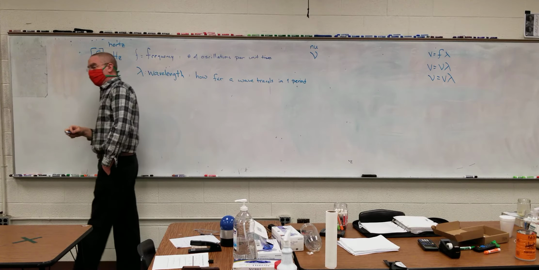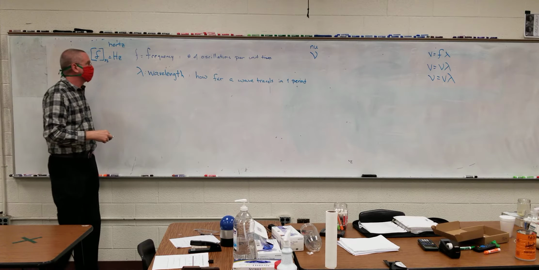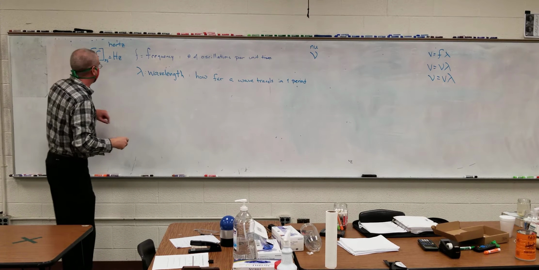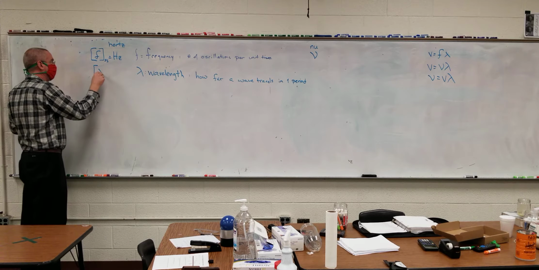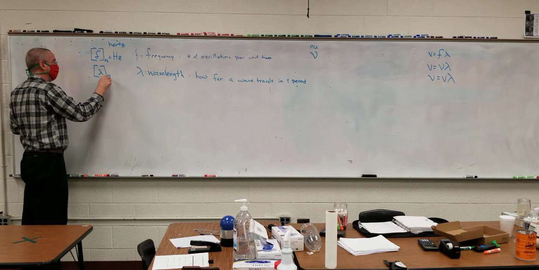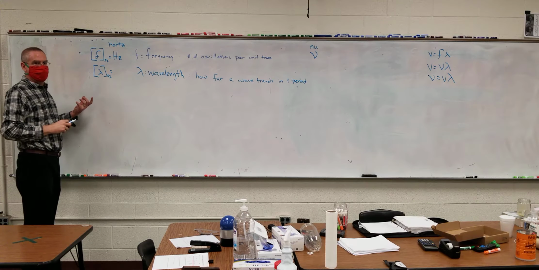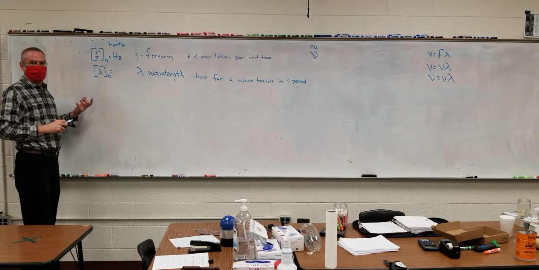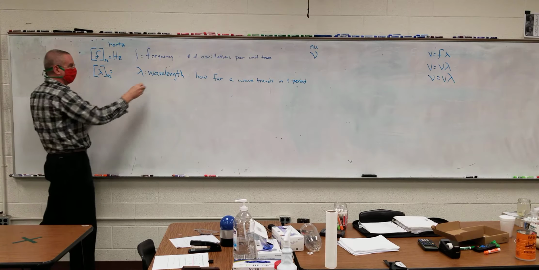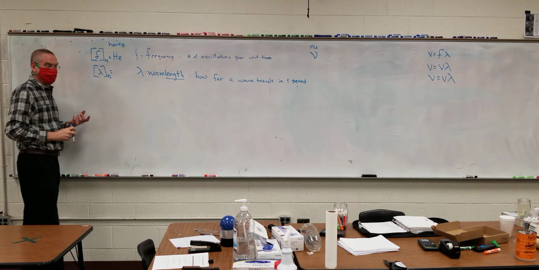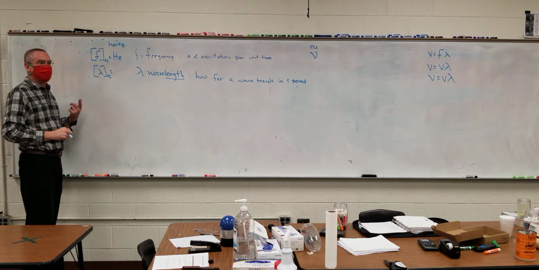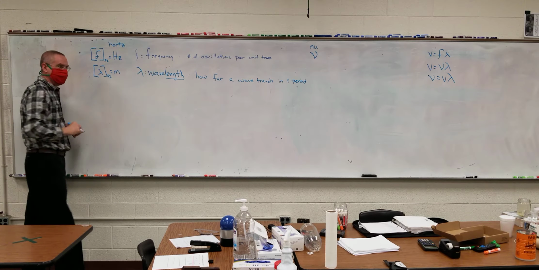So period is basically how long it takes to make a wave. The SI unit for wavelength. Anyone want to take a shot? It is a length, a meter. Yep, if I heard you correctly.